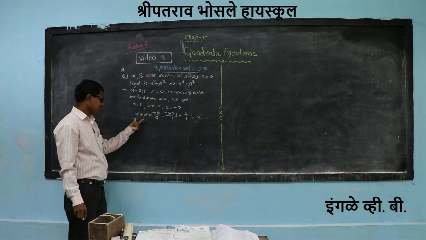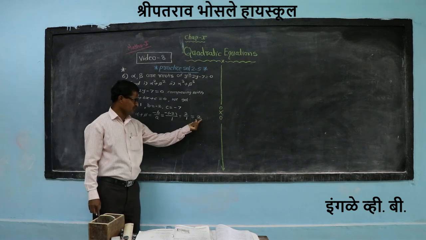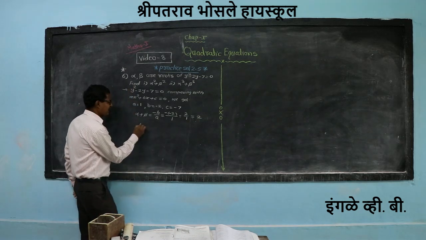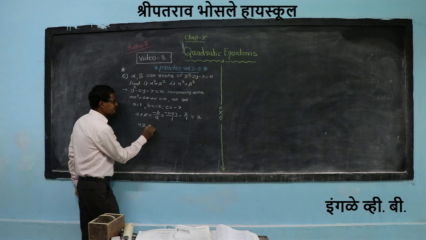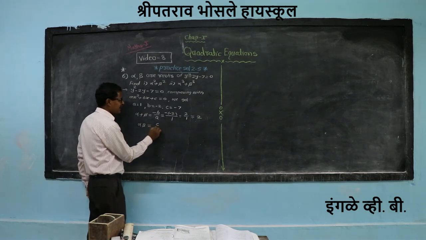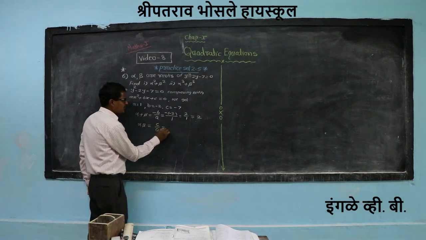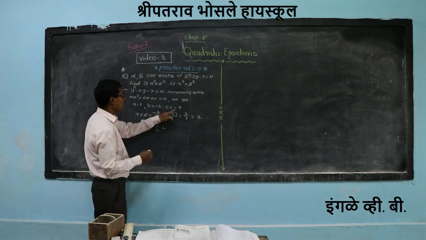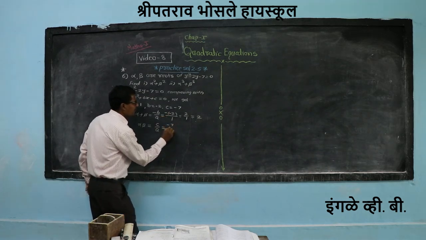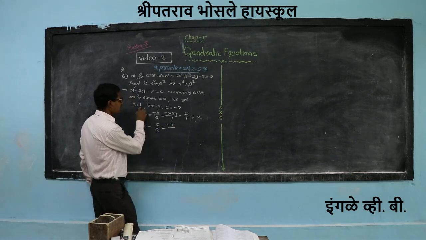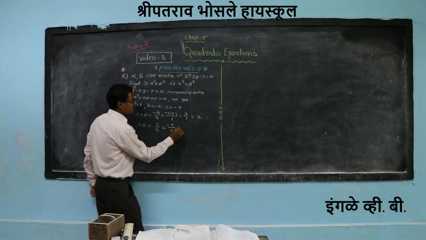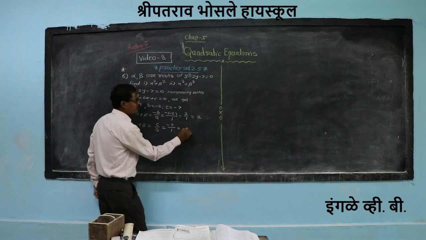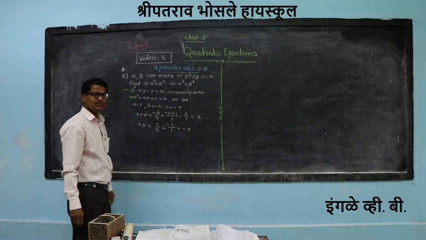So the value of alpha plus beta is equal to 2. Now alpha into beta is equal to c by a. The value of c is minus 7 by the value of a, which is 1, is equal to minus 7.